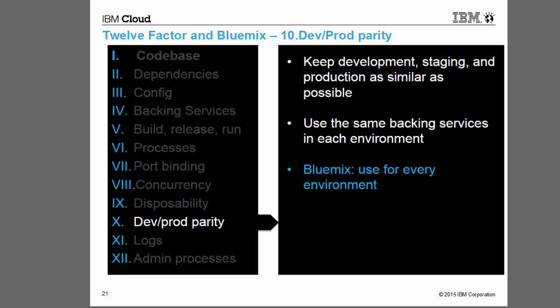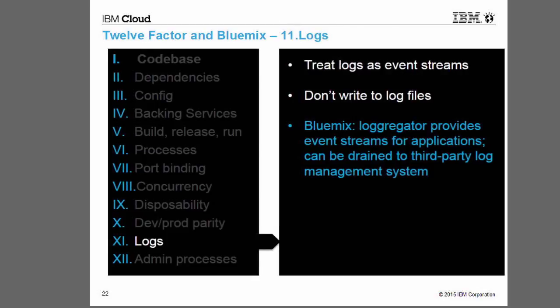Bluemix Spaces provides that approach, where you can separate the different environments. Bluemix has Spaces as a mechanism within the same environment, so you can use it for every environment.